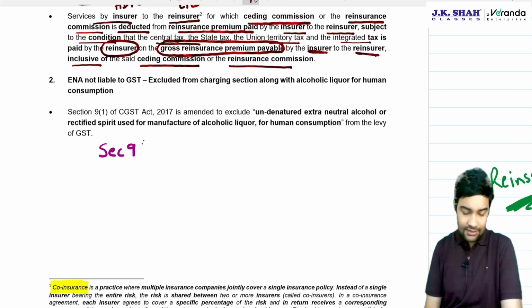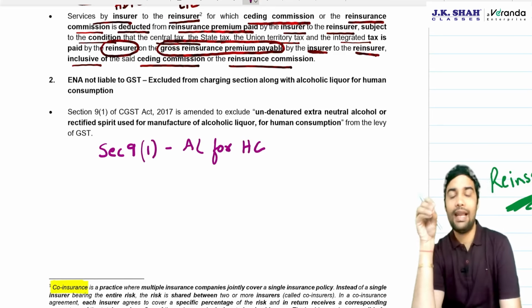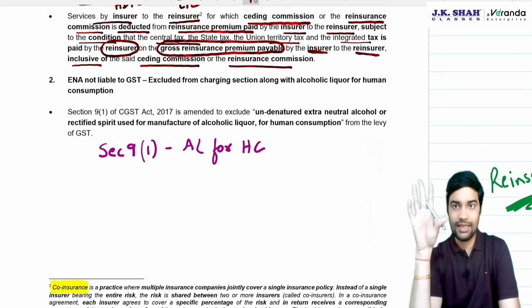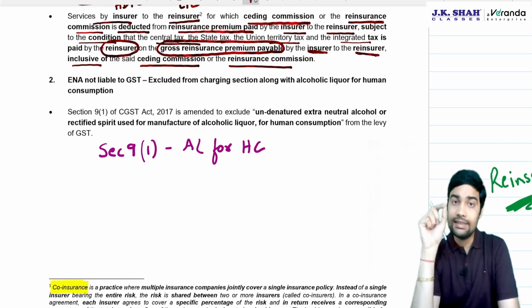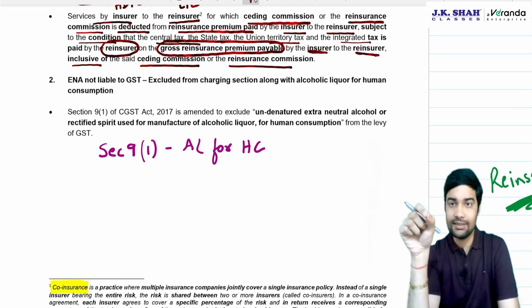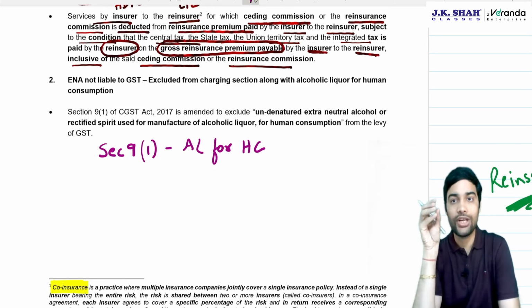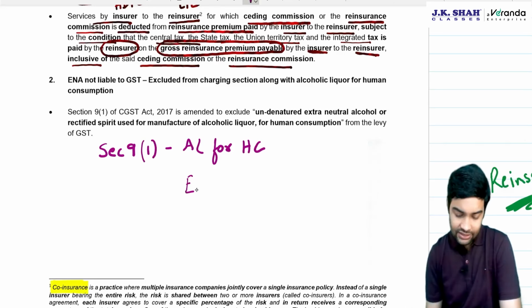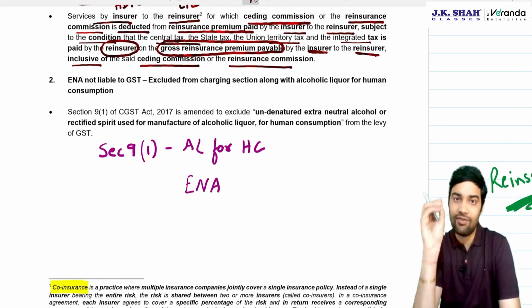Now, 9 subsection 1 excludes alcoholic liquor for human consumption. You remember, alcoholic liquor for human consumption is not liable to GST, correct? Now, this alcoholic liquor for human consumption has one very important raw material called undenatured ENA or rectified spirit.